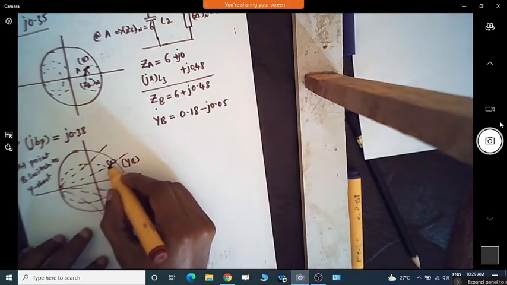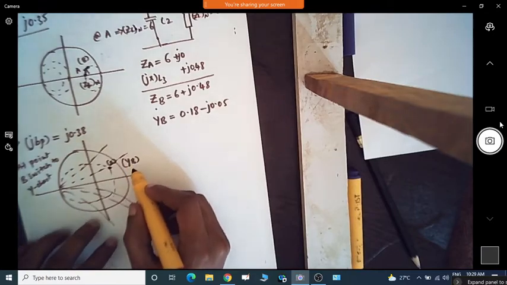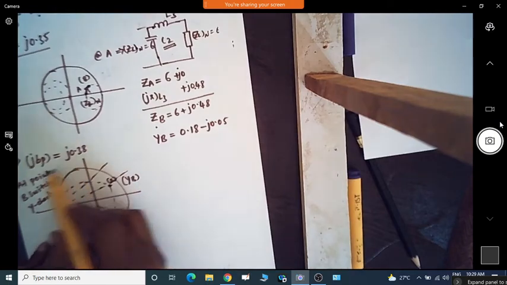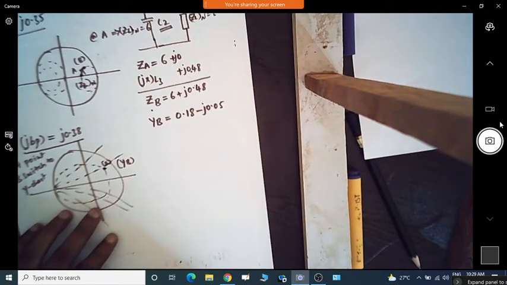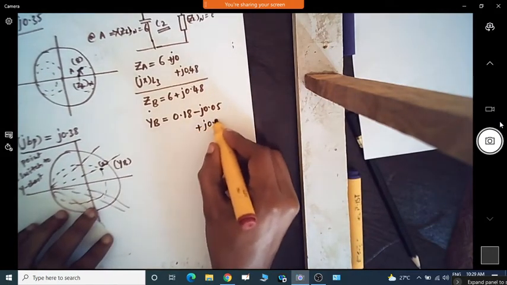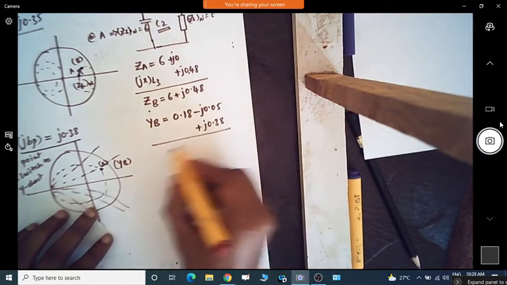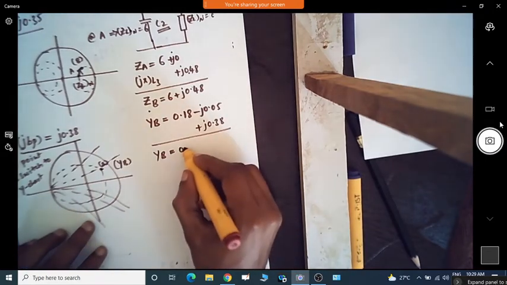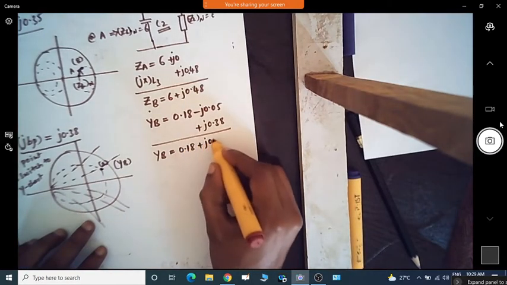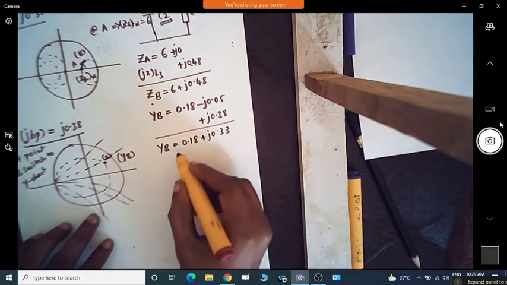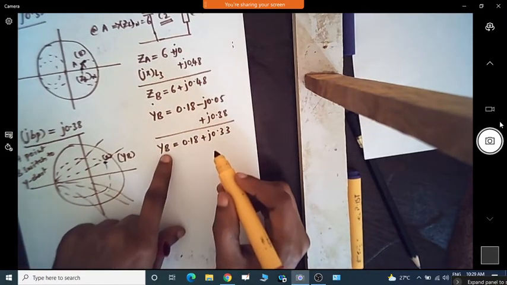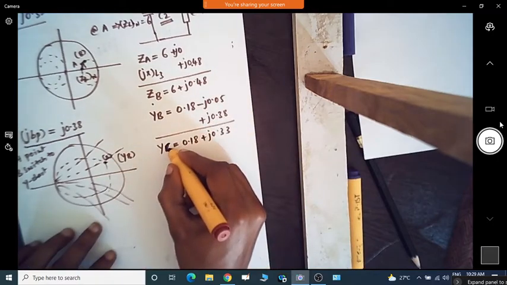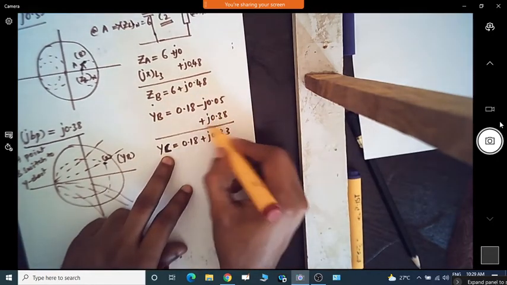After finding the admittance value, now we need to add the susceptance of the capacitor. If I add that, j0.38, you will get the resultant admittance, which is 0.18 plus j0.33. Now we need to locate that new point after adding the susceptance.